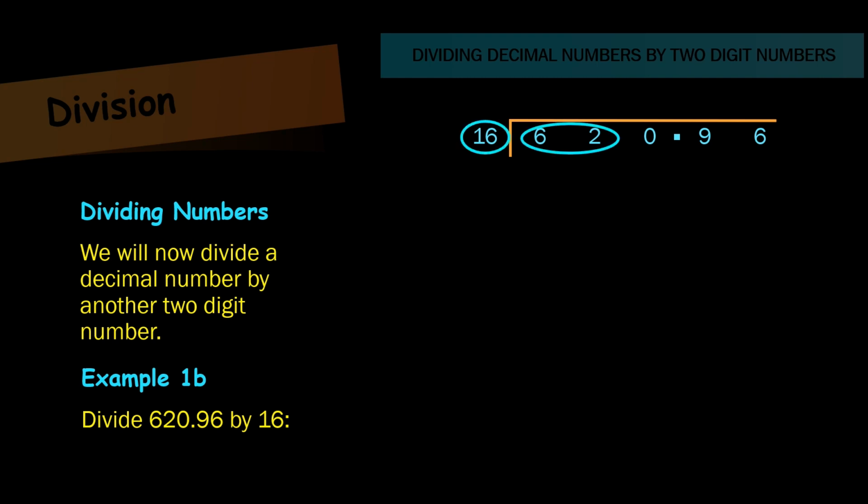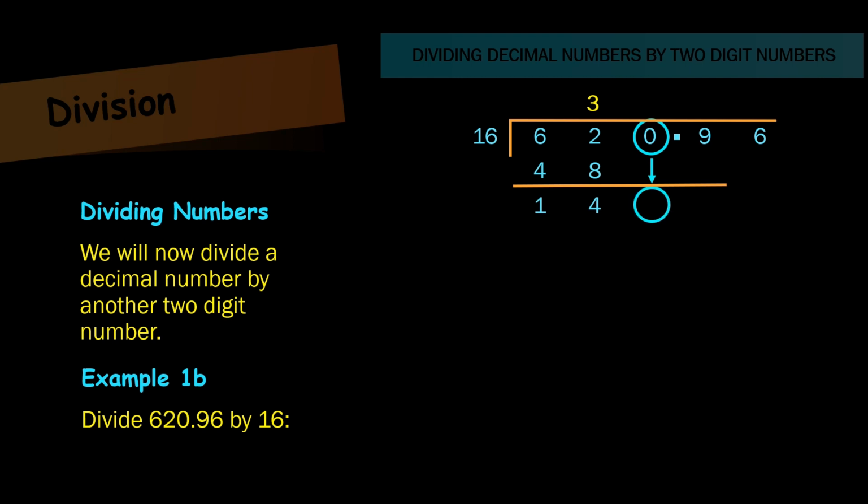There are 3 16s in 62, so we put 3 here. 3 times 16 is 48, so we put 48 here. Subtract 48 from 62 to give 14, and bring the 0 down and position it here, as shown. How many 16s are in 140?